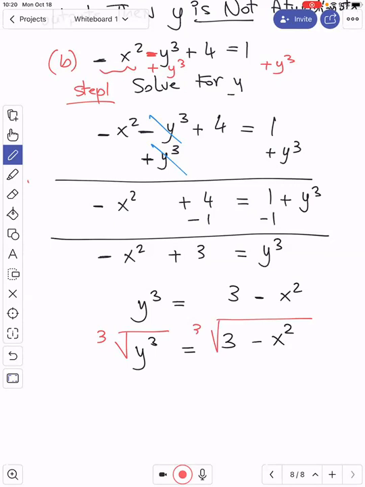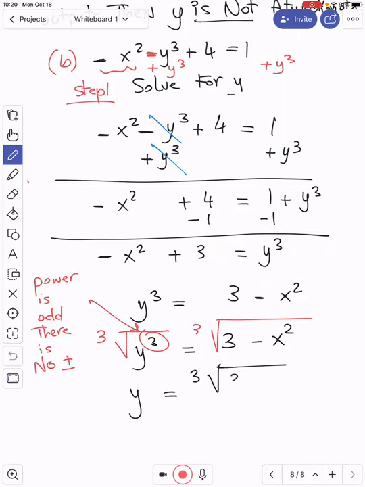Because this power is odd, there is no plus or minus. So it's just y equals the third root of 3 minus x squared.